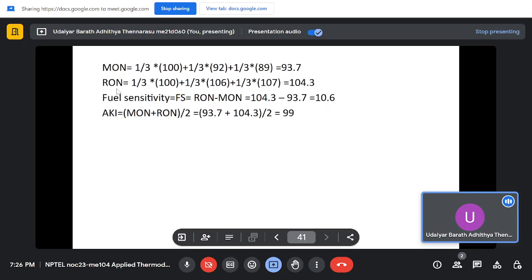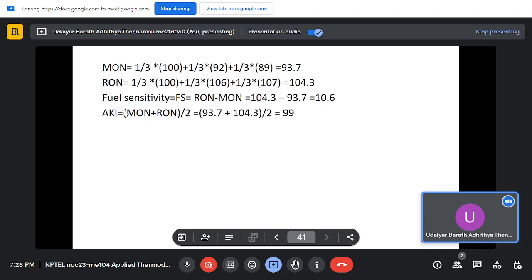The fuel sensitivity is the difference between RON and MON, showing how much the octane number is varying. In this case, RON minus MON is 104.3 minus 93.7, which is 10.6. So the fuel sensitivity is 10.6.